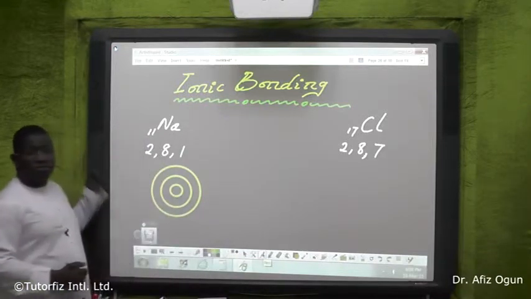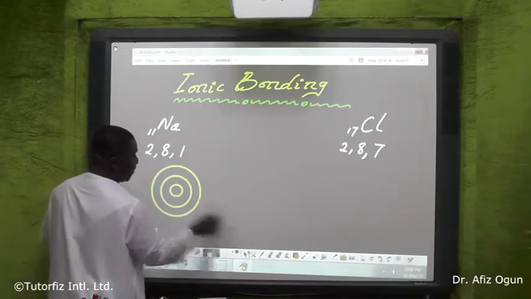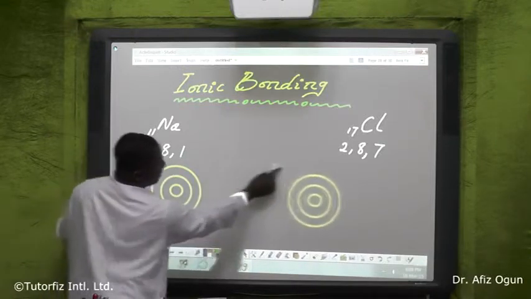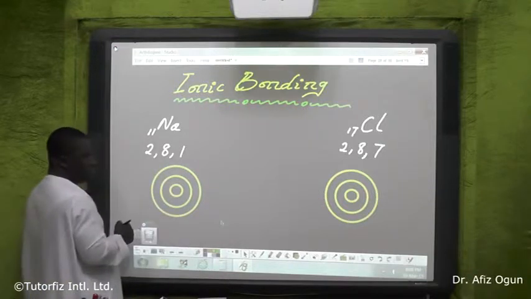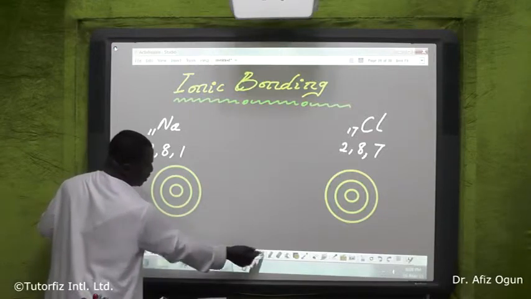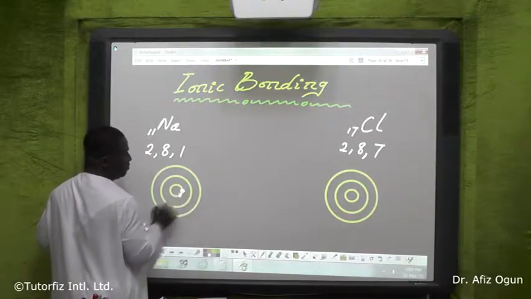This is what we call a dot and cross diagram. This is what I'm going to draw now. Before I draw it, let me just duplicate it. Now sodium has 2,8,1. That means 1 in the outermost shell. I'm going to use dot for sodium.